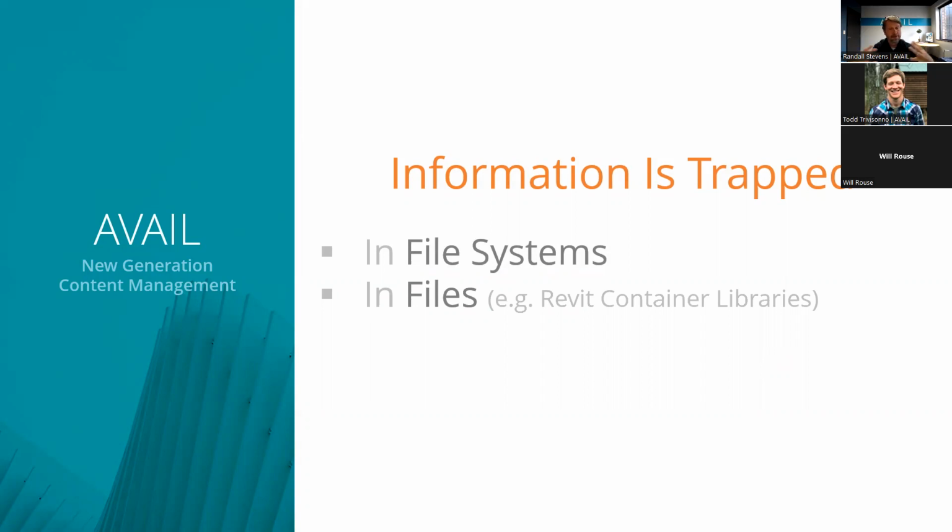So a lot of our work is how we can use AVAIL to not only see files and get to the information on our file systems, but also to get information that lives inside these files themselves. Revit container libraries and warehouse files are a great example. You're forced to store that data in an RVT file, typically very cumbersome to manage and get to. We've been doing a lot of work applying the core principles of AVAIL to these problems.